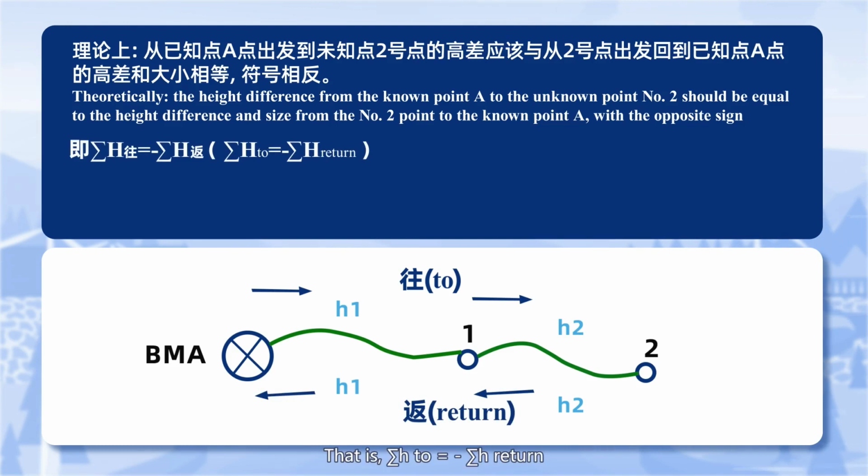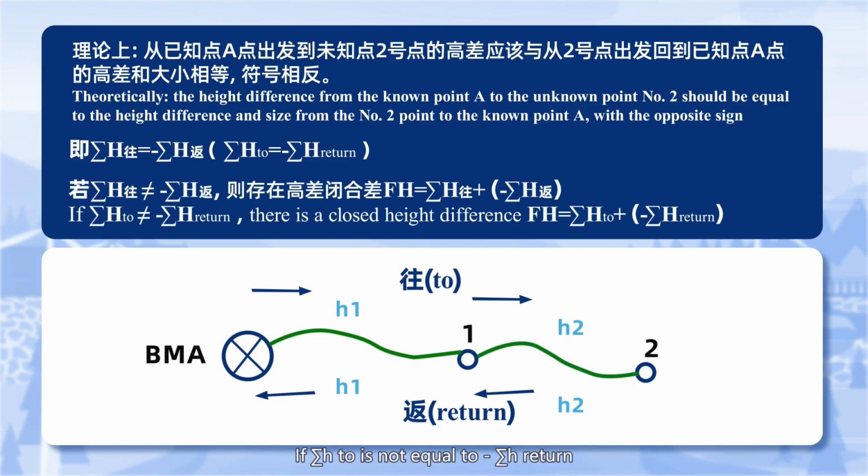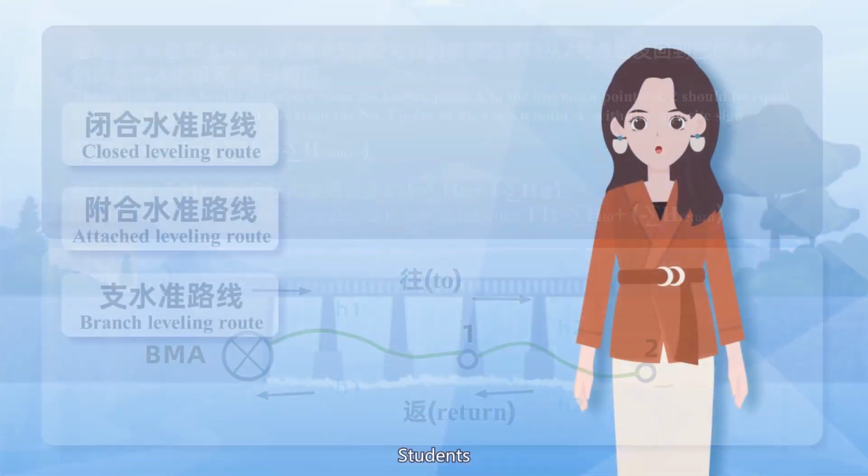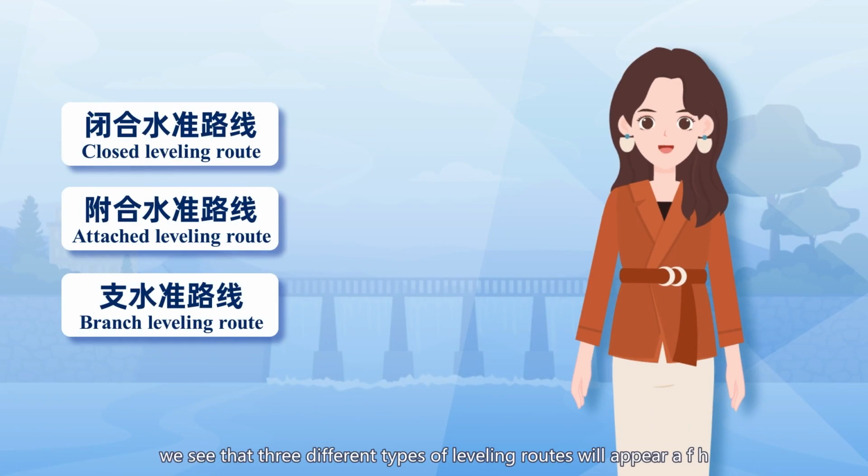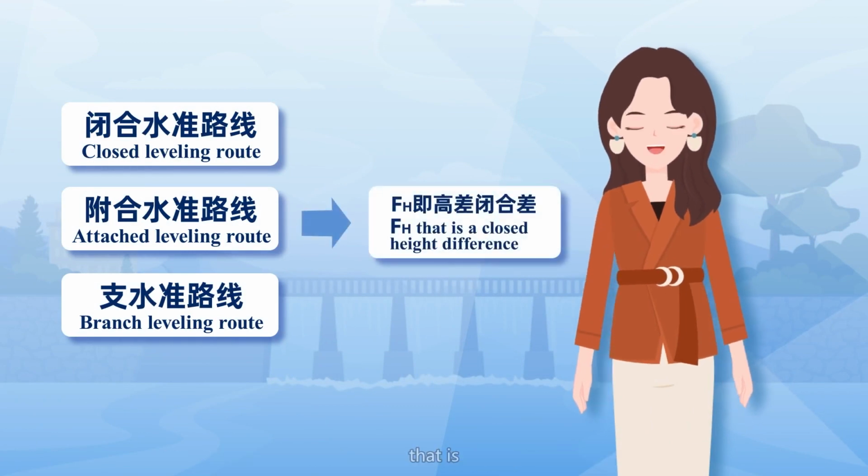That is, sigma h going equals sigma h return in magnitude. If they are not equal, there is a closed height difference fh equals sigma h going plus sigma h return.